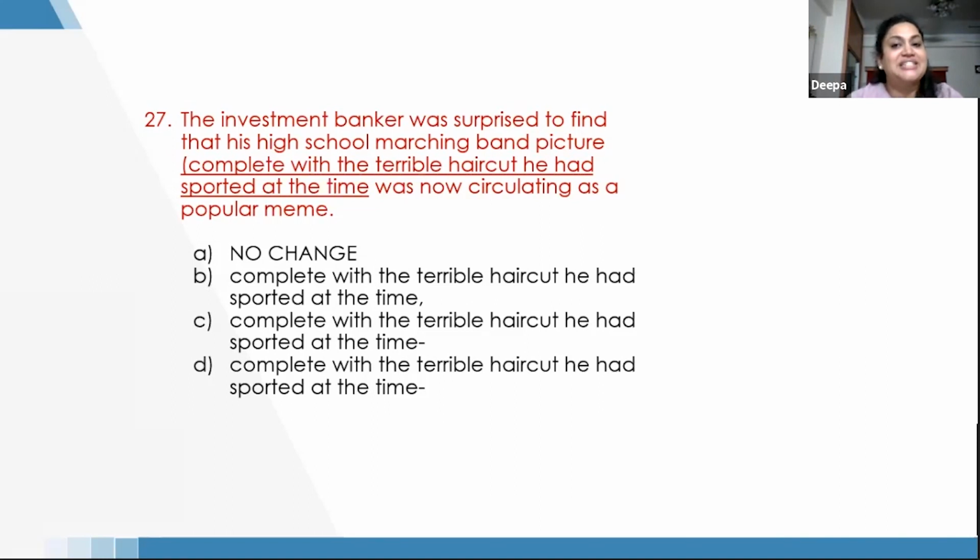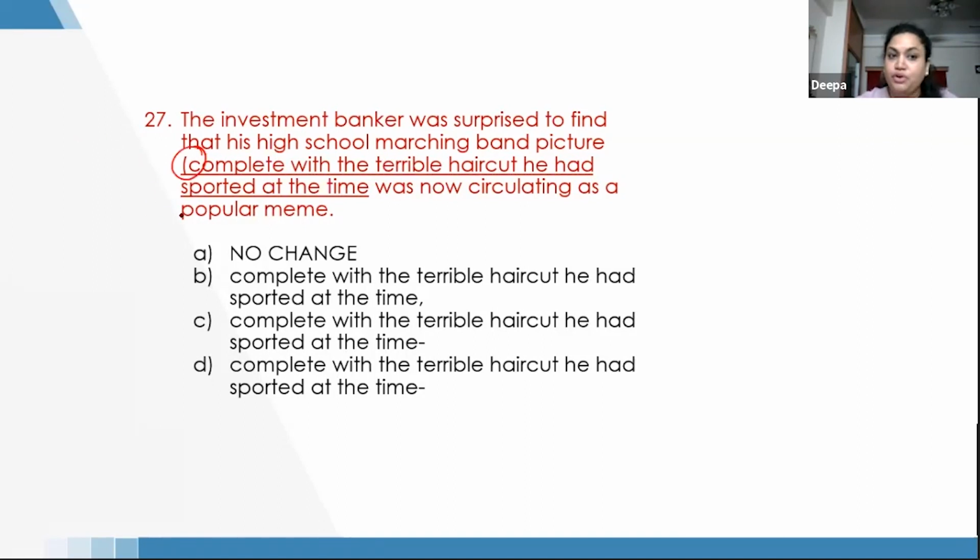Now here it says, the investment banker was surprised to find that his high school marching band picture, we don't have any option here that talks about a bracket here.